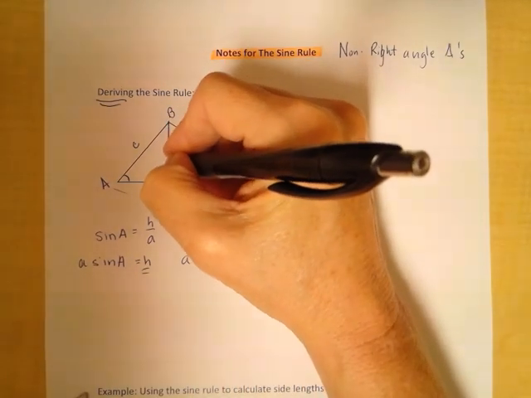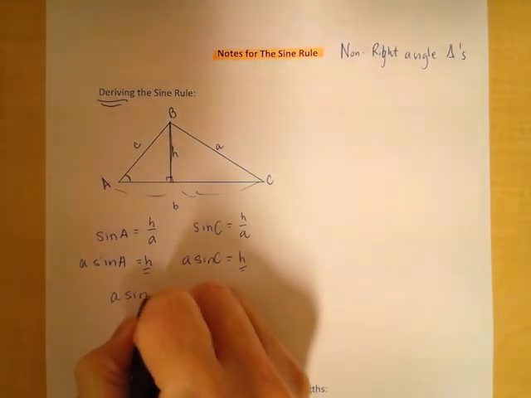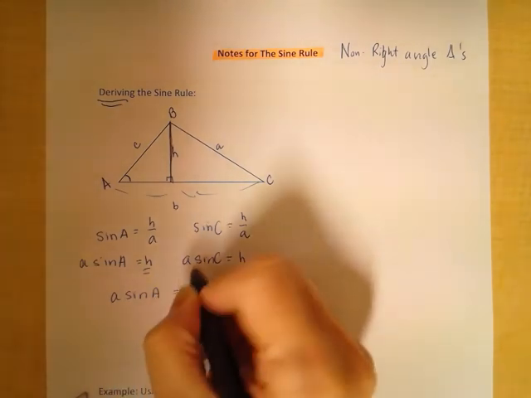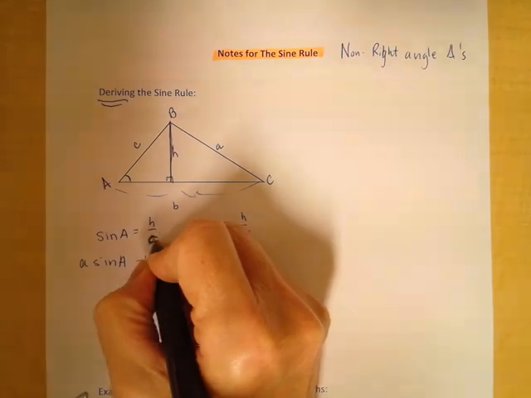They're both the same size height there, and so I know a sine A equals, whoops, did I do that right? Opposite over hypotenuse?